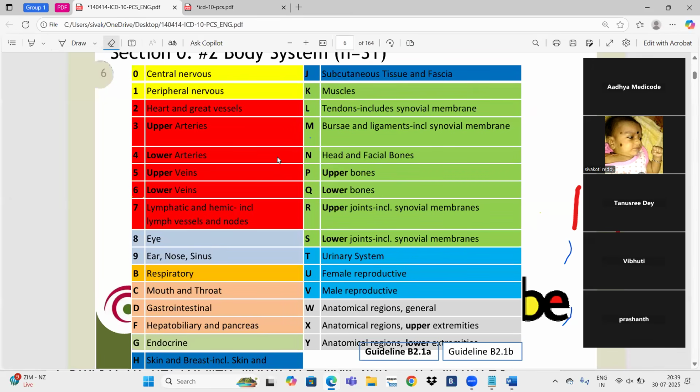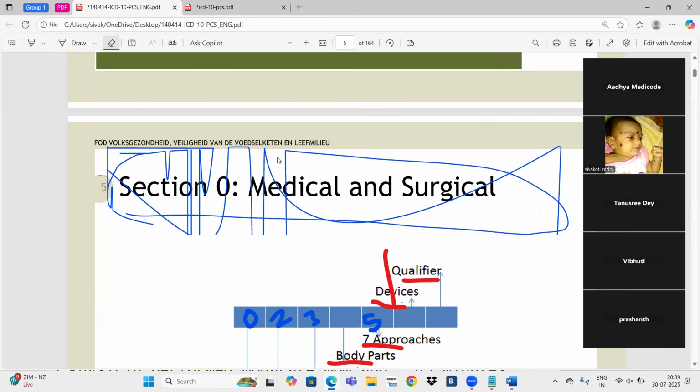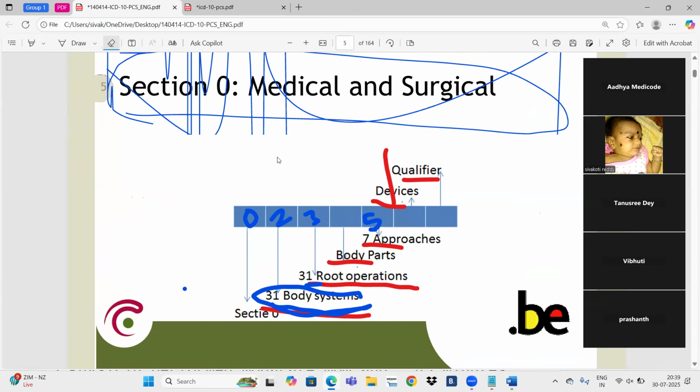Next. Second character over. Third character I will explain later. Now listen, fourth character. What are they saying? Fourth character, body part.